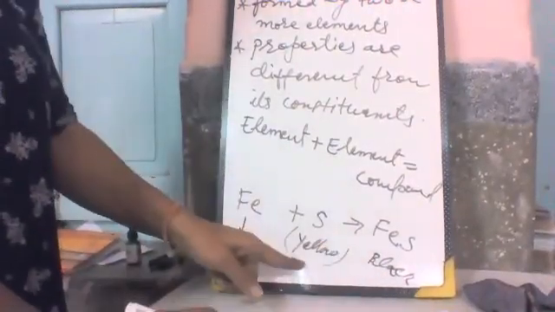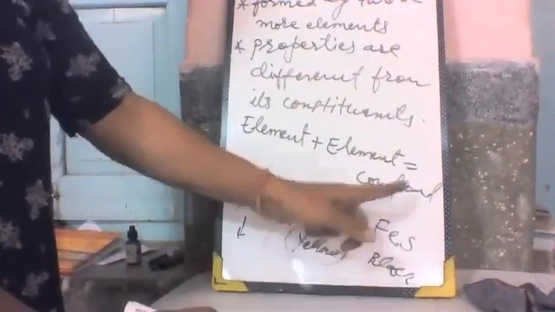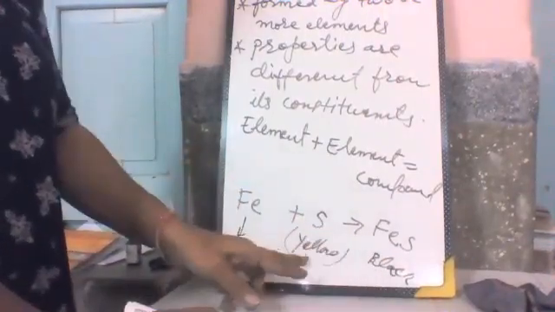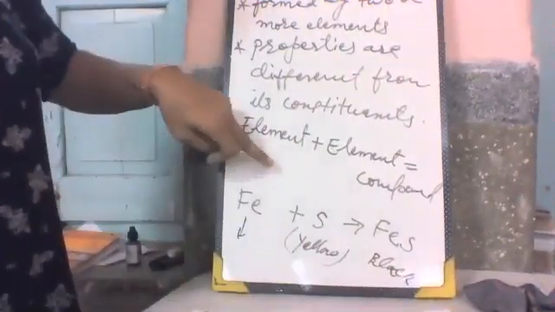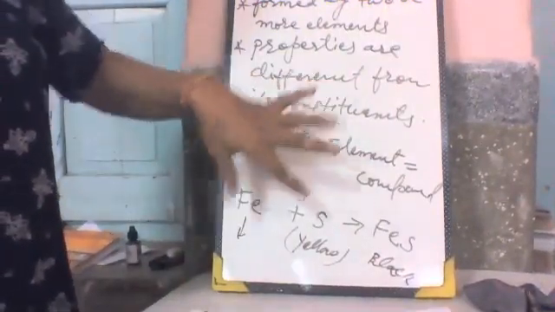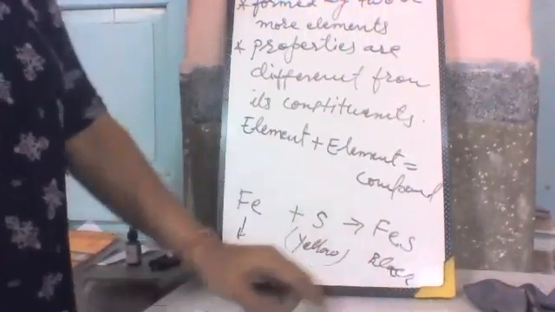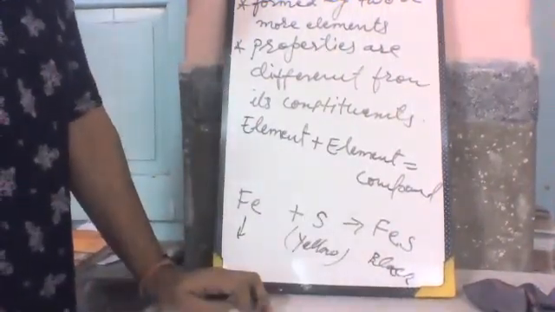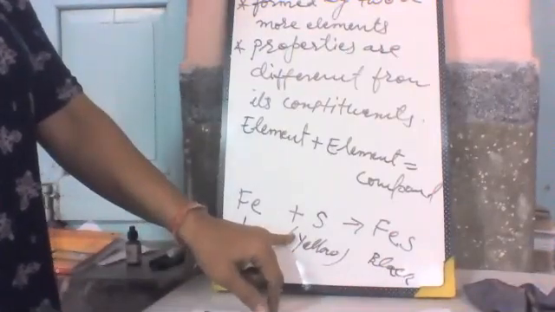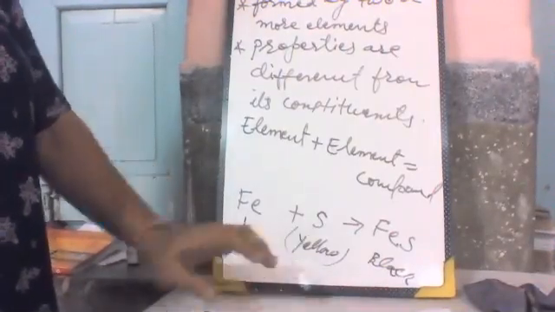Sulfur is yellow in color, but in FeS, we are not finding the yellow color. So the properties of iron and sulfur are changed after making the compound. Sulfur is a yellow non-metal soluble in carbon disulfide.